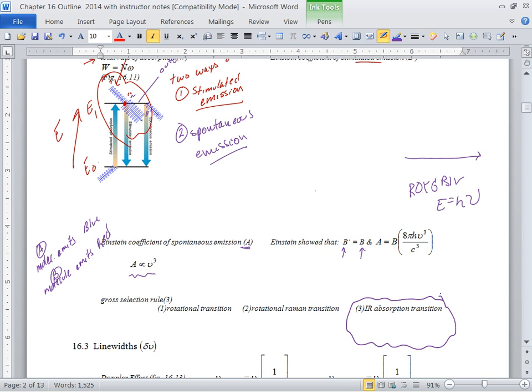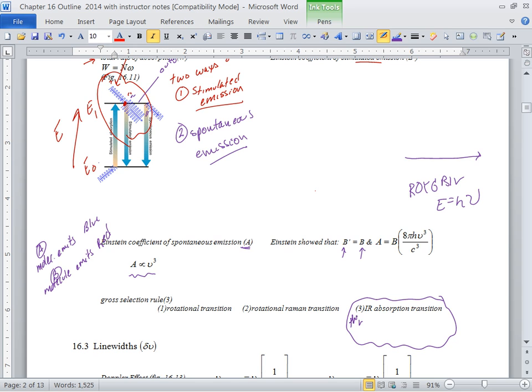The molecule had to have a what? Well, let's not even say that. What type of motion is going on for IR absorption? Vibration. So let's use the word vibration.